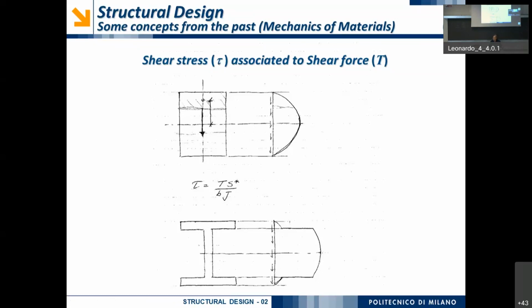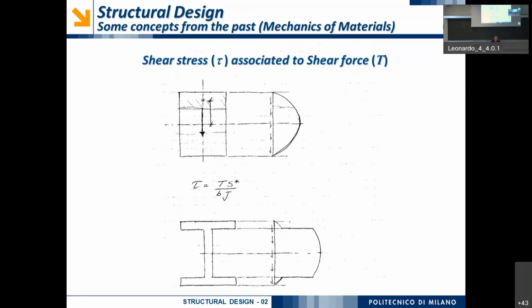The inertia moment, I, is constant as well. We know for sure that S star will be variable, but also B is variable, because when we are in the upper part or in the lower part of the cross-section, B is the width of the flange, while when we are here along the web, B is the width of the web, which is much lower, of course.